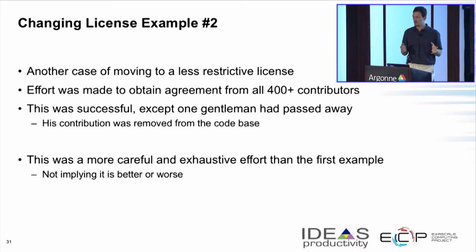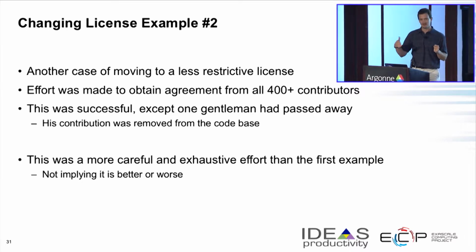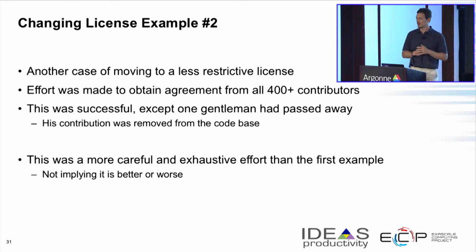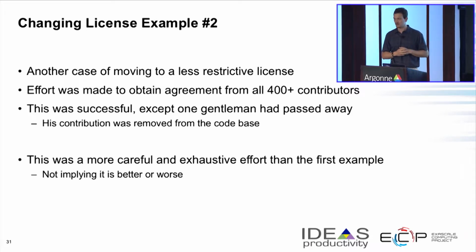This one was only a few years old. They went back and got agreement from every single person who had contributed, which was a little bit easier because they could reach those people through GitHub, except one person who had passed away. And in the end, they just removed all of his contributions from the code because it was too complicated to figure out where that agreement should come from.